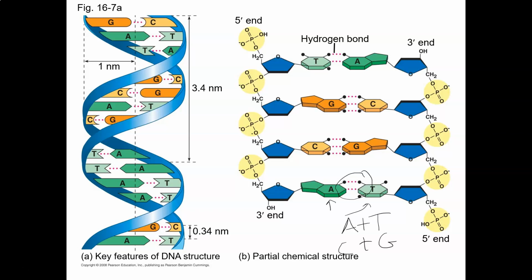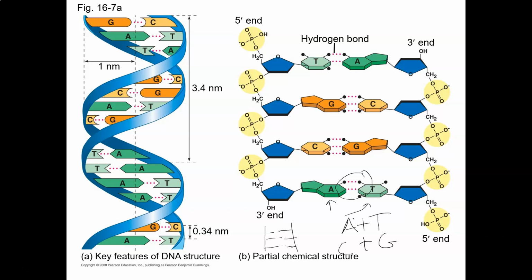First of all, notice that the phosphates and the sugars are on the sides like a backbone, and then the nitrogen bases stick into the middle of the molecule, where they base pair with each other by hydrogen bonds.